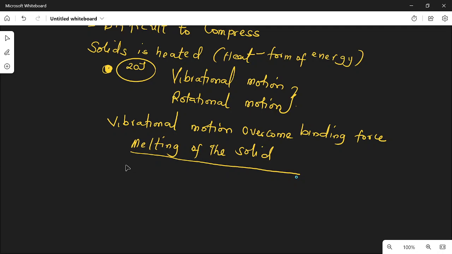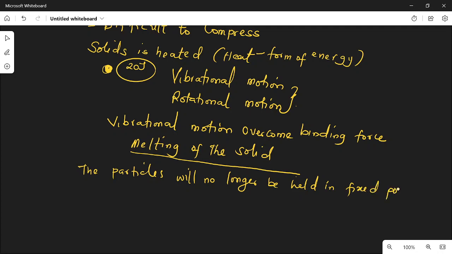I want to believe we are still together. So when the vibrational motion increases and overcomes the binding force, the melting of the solid takes place. At this point, the particles will no longer be held in fixed position again. Why?